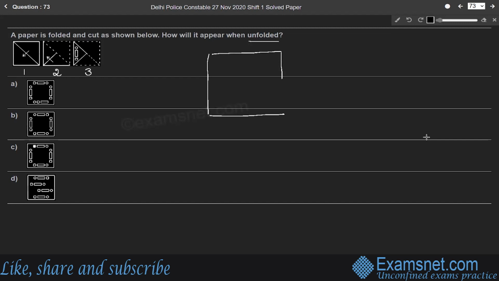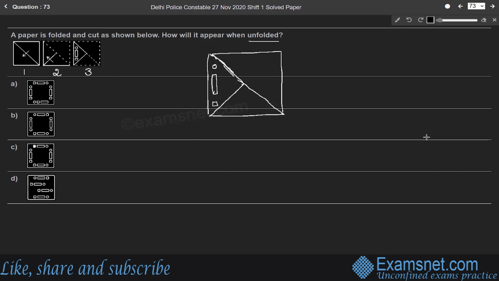Like this, this square sheet is folded along its diagonal, and once again it is folded like this. The cut portions are first a small circle, then a vertical rectangle and a small square.